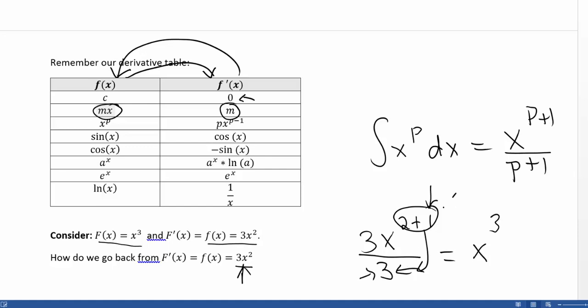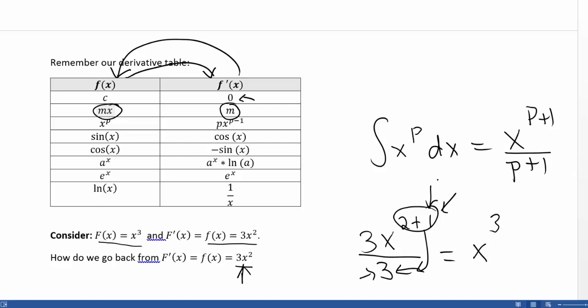We divided by this new power of 3. So that's how we undo the derivative. Because when we did the derivative, we multiplied in front and subtracted in the power. So to undo multiplication in front and subtraction, we would need to do division in front and addition in the power. So that'll undo it.